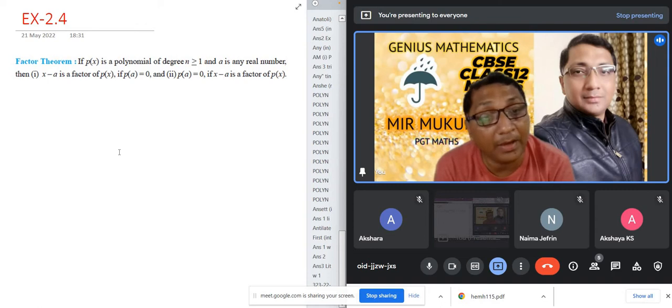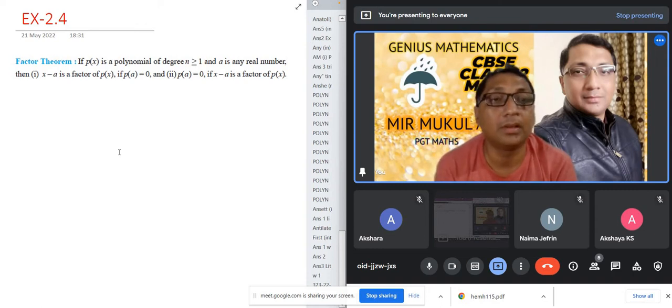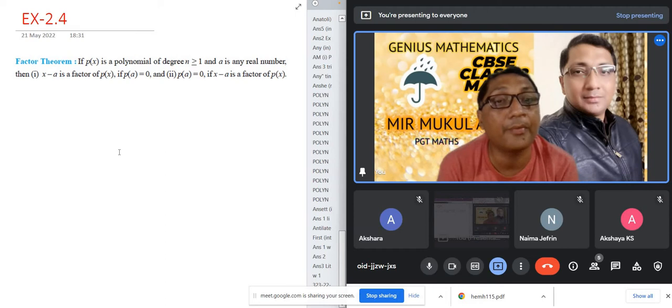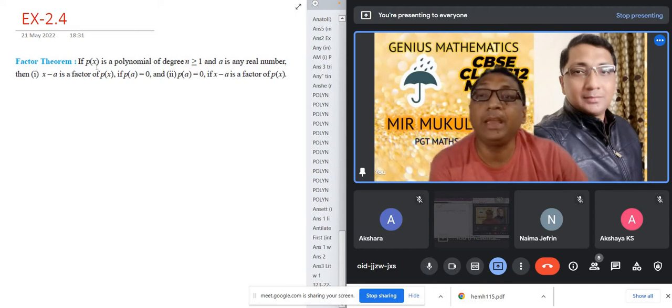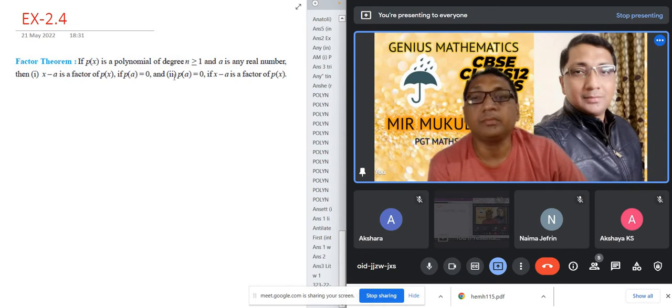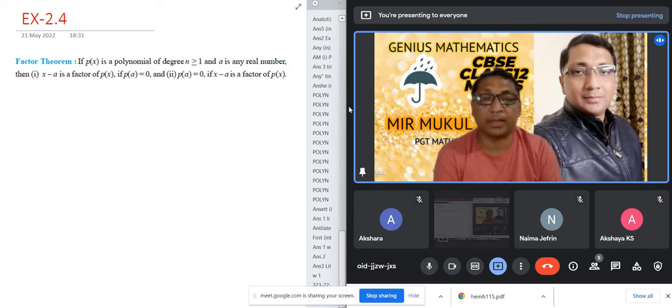And if the remainder equals 0, then x minus a is called a factor of that polynomial. If p(x) is a polynomial of degree n greater than or equal to 1 and a is any real number, then x minus a is a factor of p(x) if p(a) equals 0. And number 2, if p(a) equals 0, then x minus a is a factor of p(x). This is called the factor theorem.